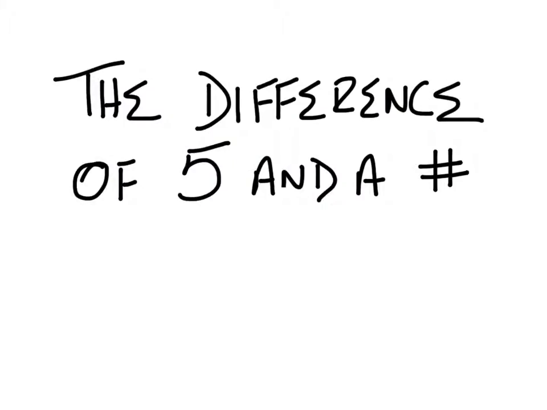Here's example 1. The difference of 5 and a number. If we don't know what a number is, what should we use to represent it? X. So we'll use X. The difference of 5 and a number. What should I write?